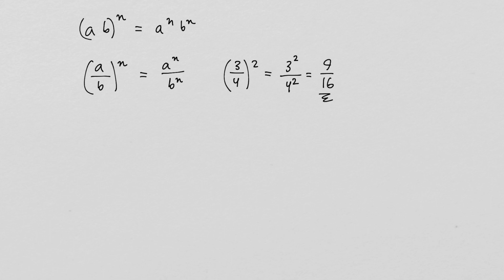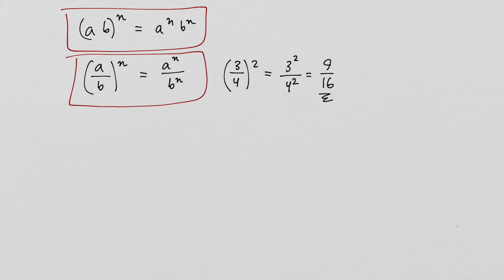In these formulas we had two numbers a and b, and they were put into a power. On the other hand, if we would have a number a to power n times a to power m, what would this be? Well, for example, 2 to power 2 times 2 to power 3 would be, we can express the powers by using multiplication.